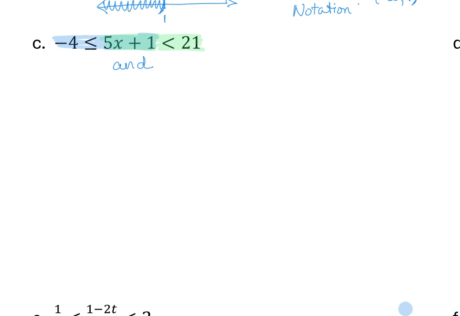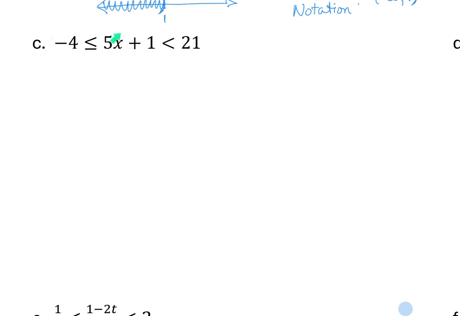Remember that the goal here, just like it was in all of our previous discussions and in our previous classes, is to get the variable by itself. So when we look at this, we are looking at this middle thing.